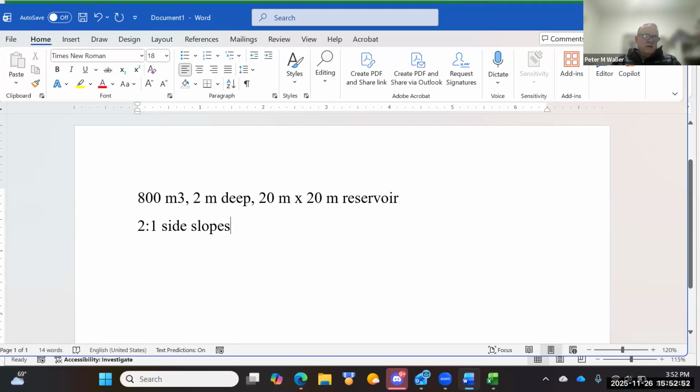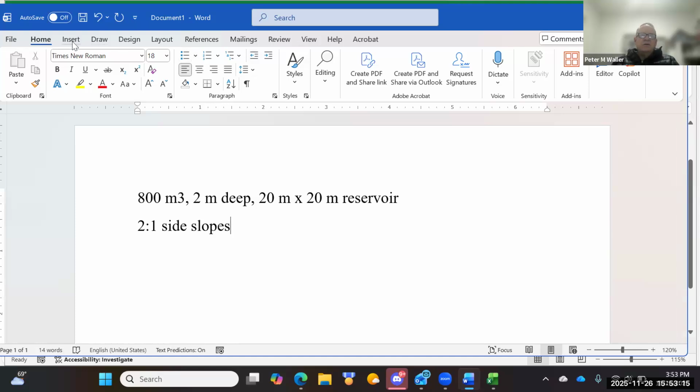So in civil engineering, channel design, 2 to 1, it's the opposite of slope, where y is first and x is second. In this case, the x direction is first, the horizontal direction is first, and the vertical direction is second. So I'm going to have 2 to 1 side slopes.